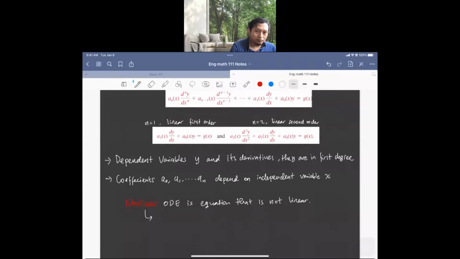So, which means we can see from the order.